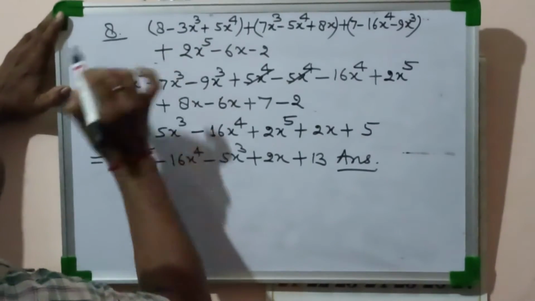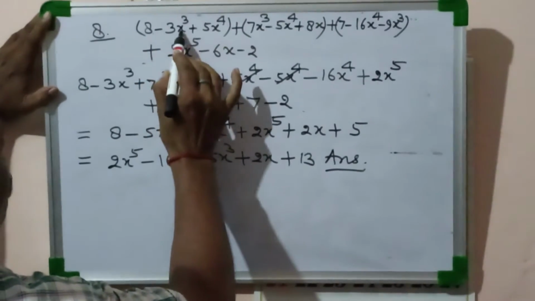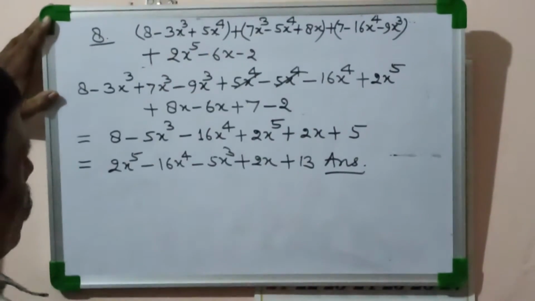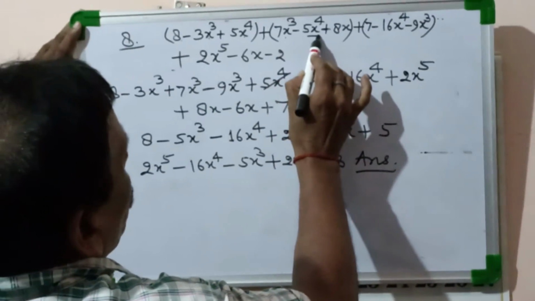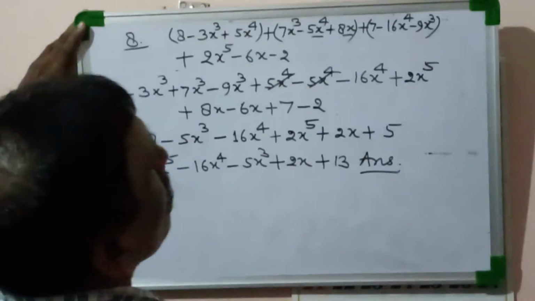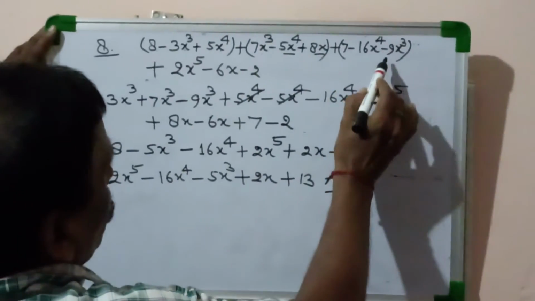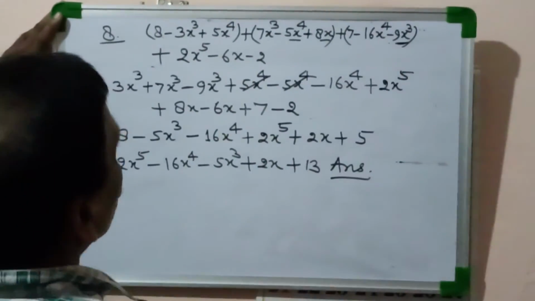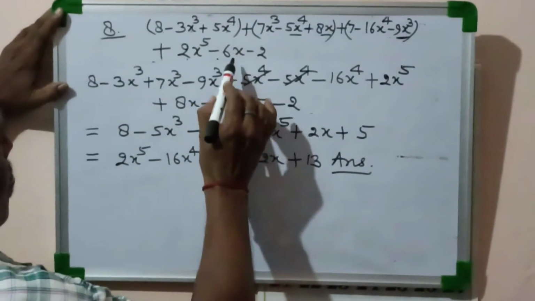Now question number 8. You have to add 8 minus 3x cube plus 5x power 4, 7x cube minus 5x power 4 plus 8x plus 7, minus 16x power 4 minus 9x cube, 2x power 5 minus 6x minus 2.